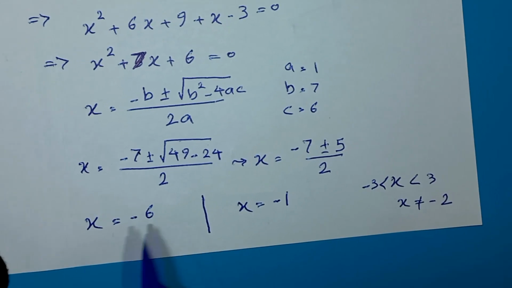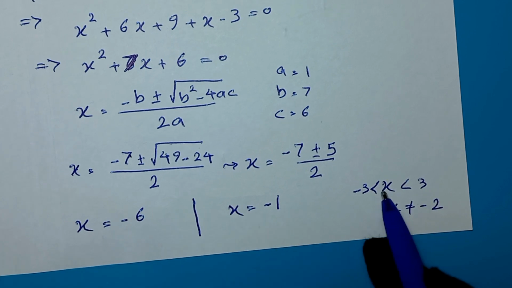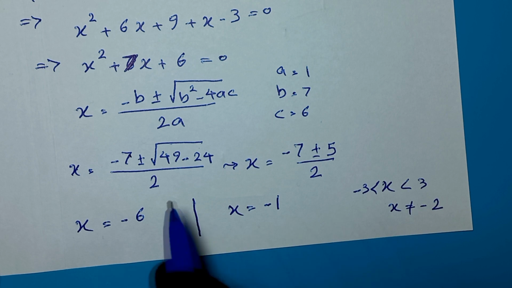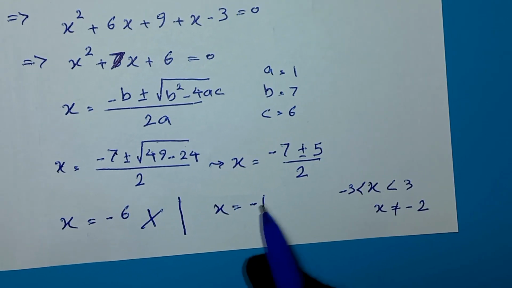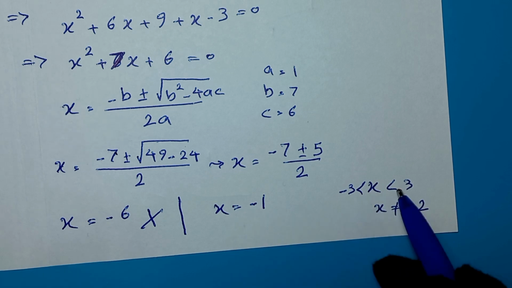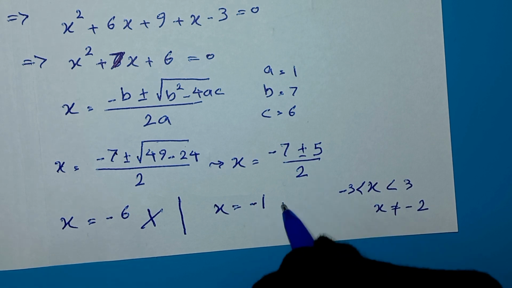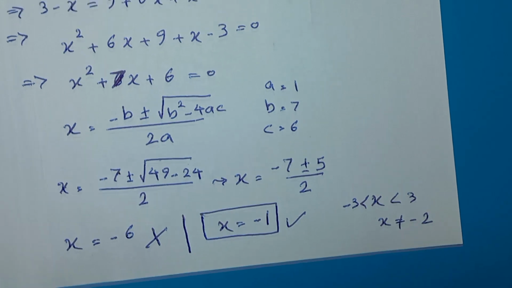And in here, x is negative 6, and negative 6 is less than negative 3. So we reject this answer, and this answer for x is negative 1. Negative 1 is greater than negative 3 and less than 3. So this is our final answer for x.